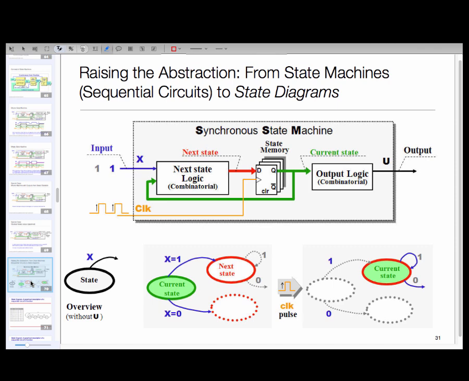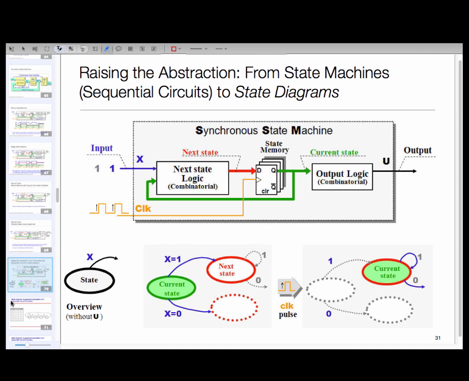Now let's see how this can be made use of to change the way we think about these systems. At some point in time, my system is in some state. By that I mean that the state registers, the memory, has some value in it.